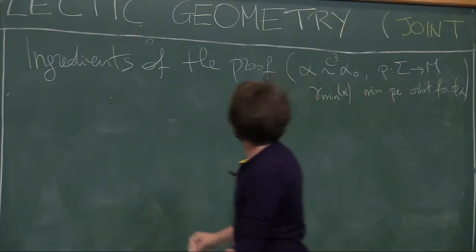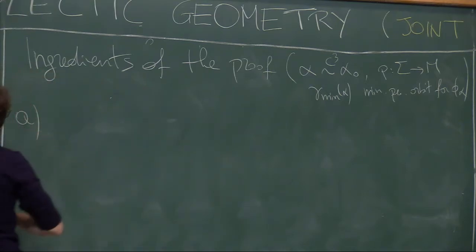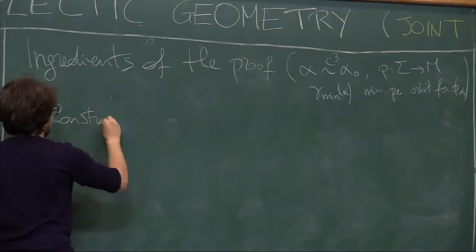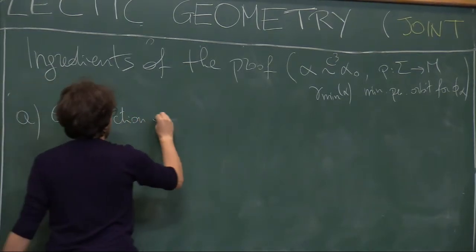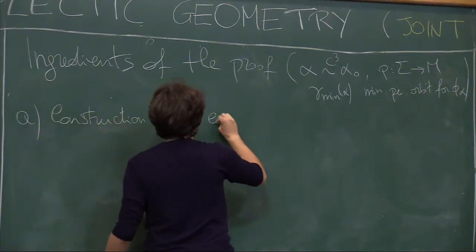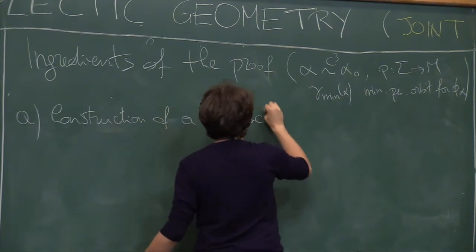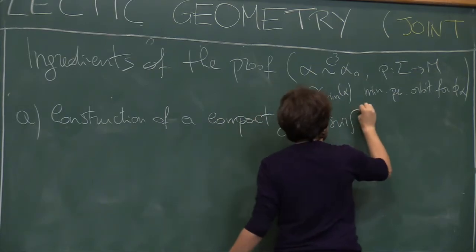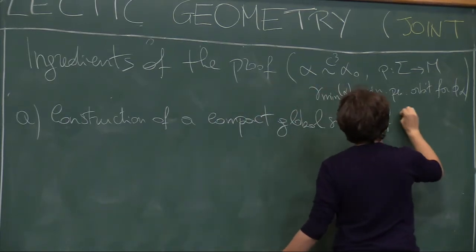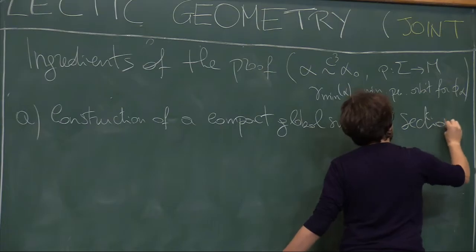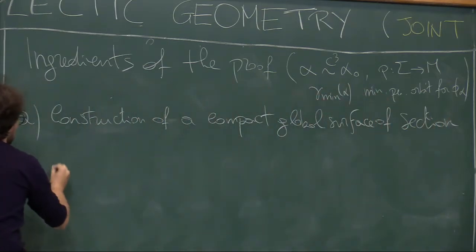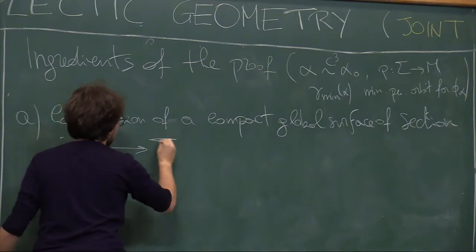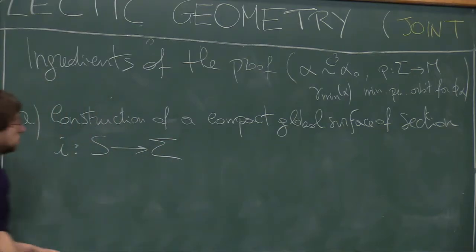The first ingredient of the proof is the construction of a compact global surface of section, which I denote by i from S into sigma.